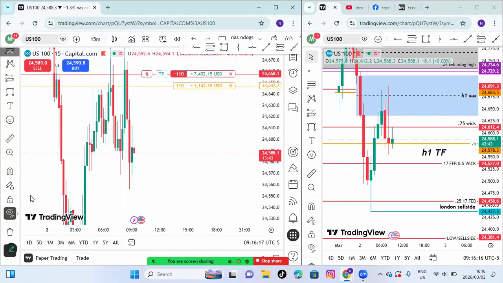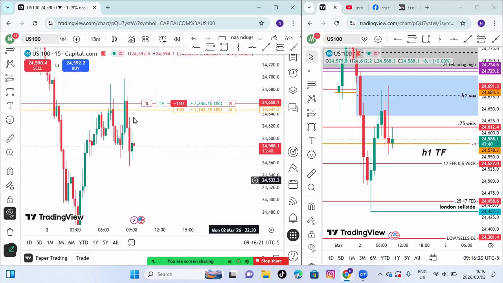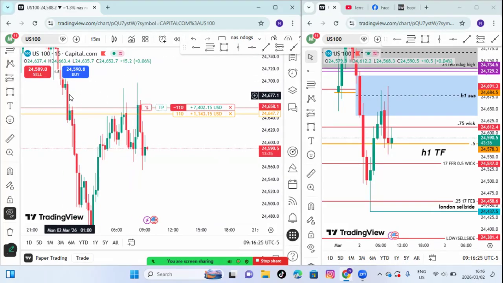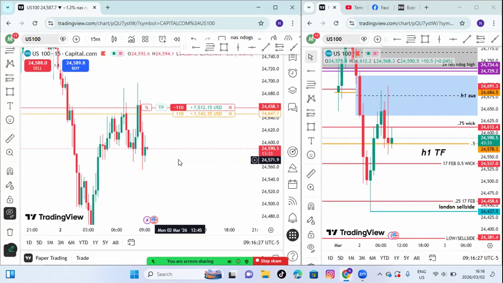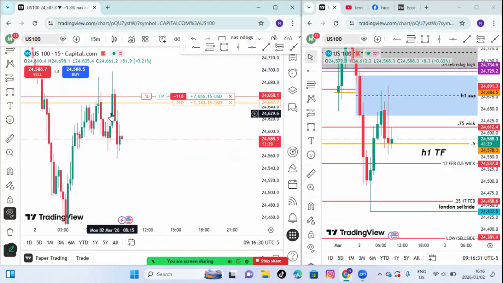Respected fair value gap here. Barely anybody's in there. Sell side is broken.